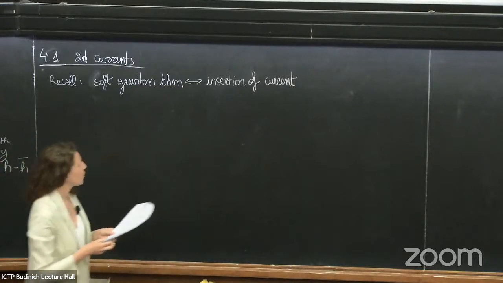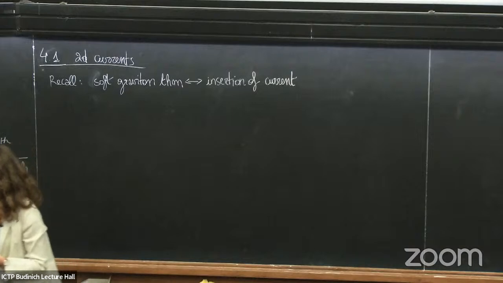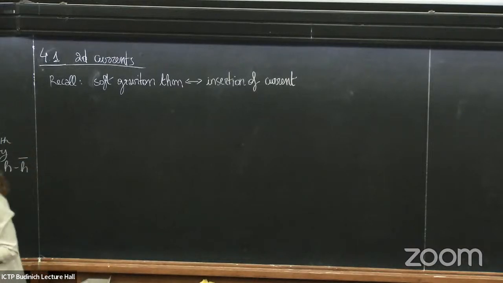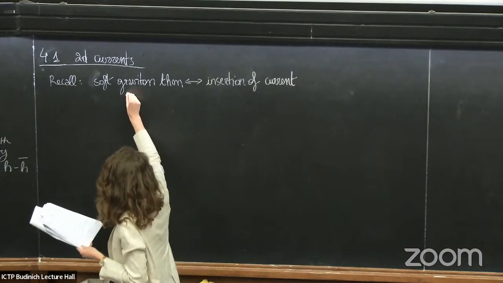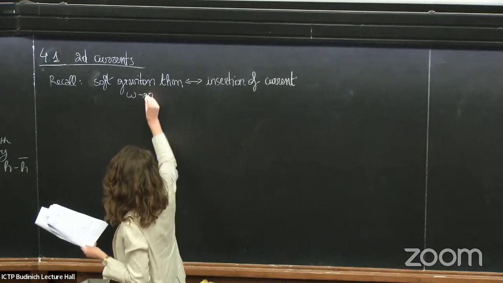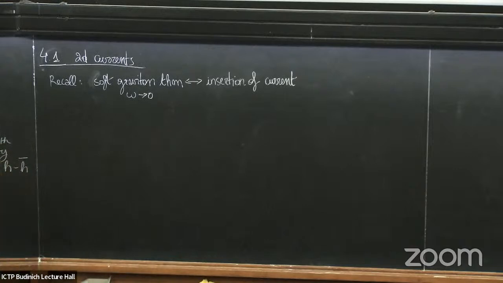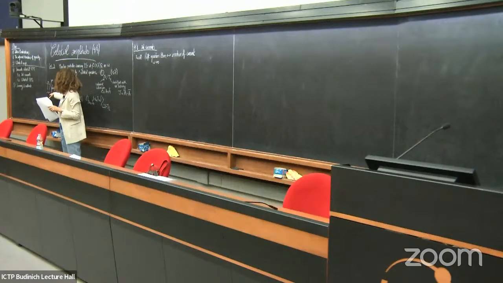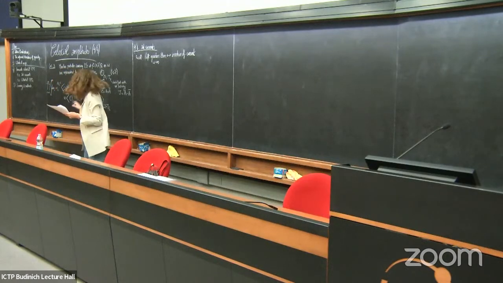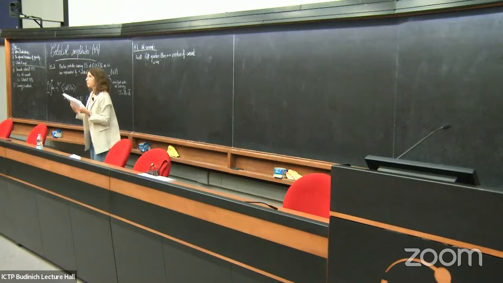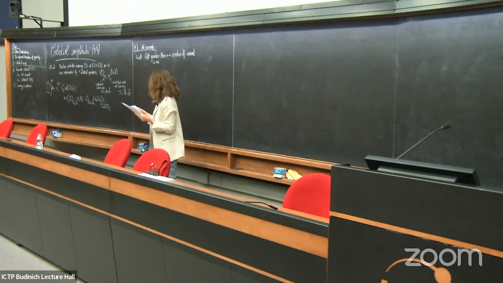And now the question I want to ask is, where we had the soft graviton or soft photon, we were taking the energy omega to 0. But now in celestial holography, we no longer have energies to talk about because we have traded energies for conformal dimensions. So what does it mean in the celestial basis to be soft?